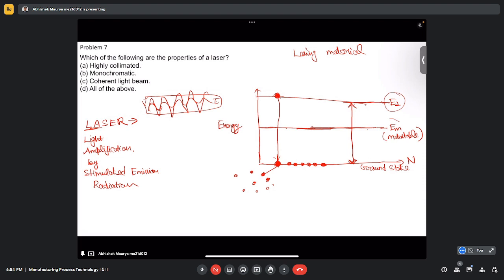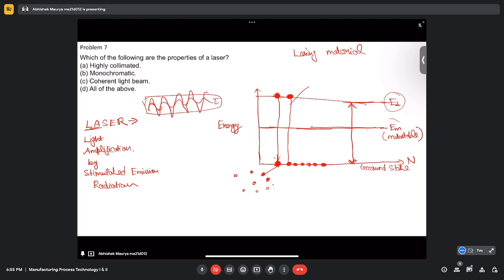After that, suppose this happens to this also, it will also reach there. So this process happens very fast. Now after reaching the excited state, it is not like it will stay here forever. It will come down.